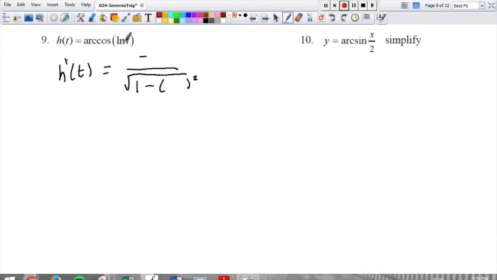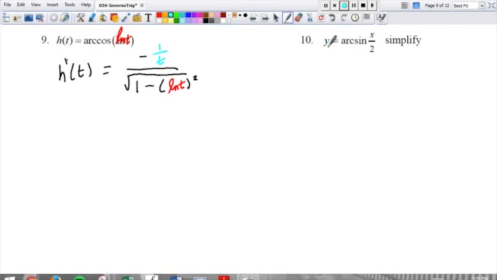The current inside, natural log t. What goes up here? The derivative of natural log t. What's the derivative of natural log t? Again, if you haven't memorized this yet, you have a problem. 1 over t. Done. Boom. Next.